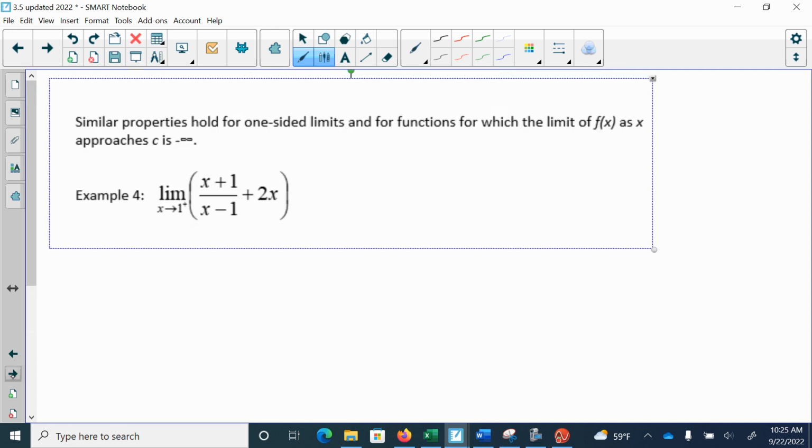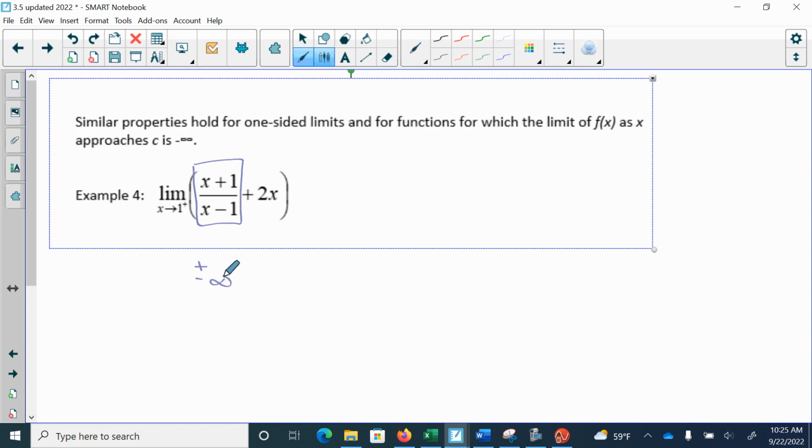And then the last one, similar properties hold for one-sided limits for a function. So technically, as x approaches 1, I should look at this part first. Since I know it's a vertical asymptote, do we agree it's going to approach positive or negative infinity? Not sure which one, so I'm going to write myself a note.